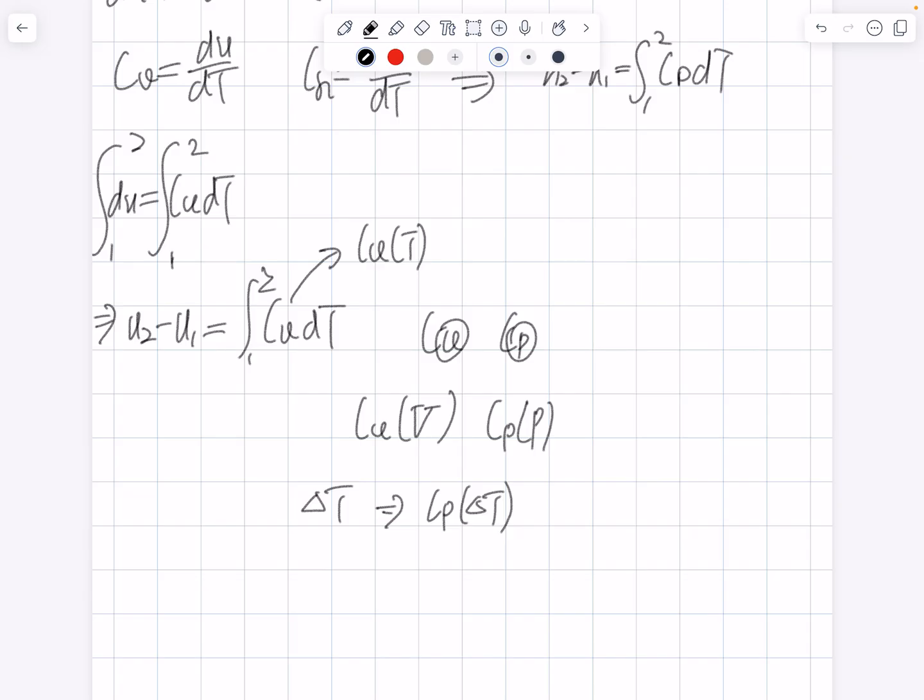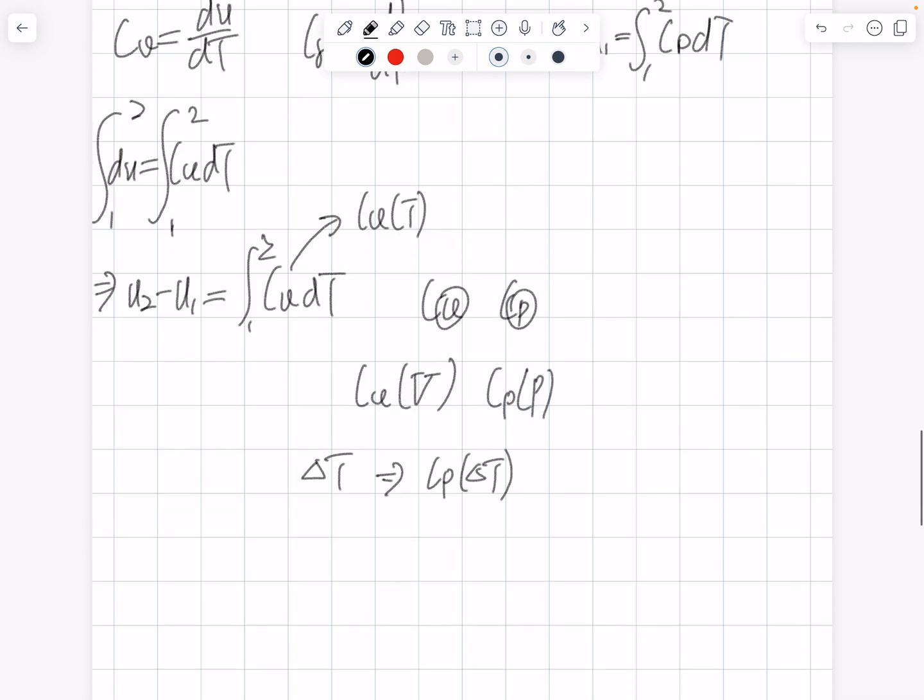So the answer to my own question is basically that C_P is not a function of pressure, so it doesn't really matter. It's more like using the two different states to calculate the difference in enthalpy.